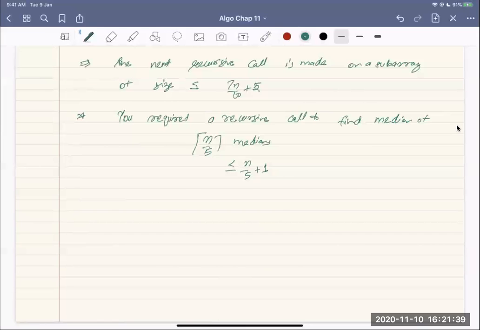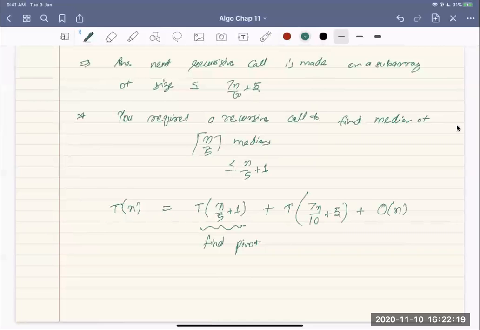So T(n), the overall complexity of this algorithm, is: you made a recursive call for n by 5 plus 1 elements, to find the pivot using the same algorithm, the median of medians, plus you make a recursive call now on the array of size 7n by 10 plus 5, plus you do some O(n) operations to find the median of all the medians and so on. Okay, and this together you can do a substitution and prove that this T(n) is actually O(n).